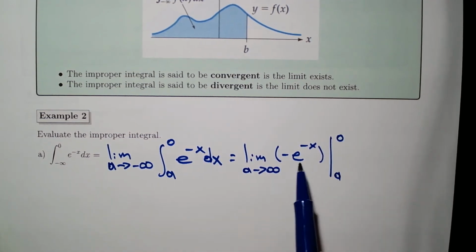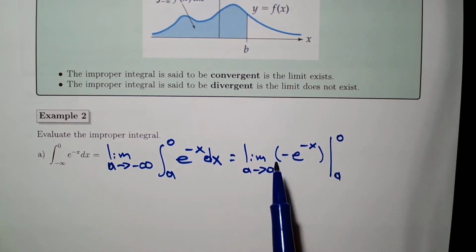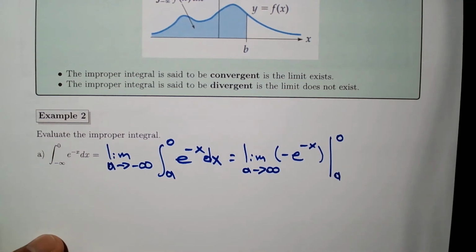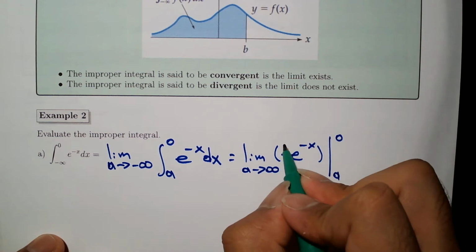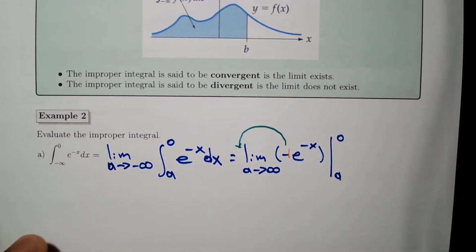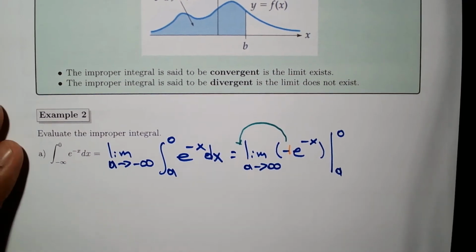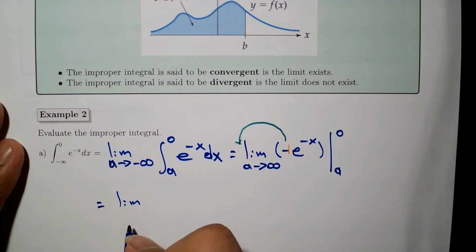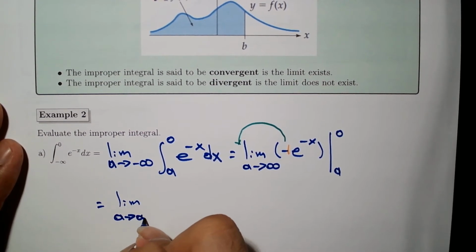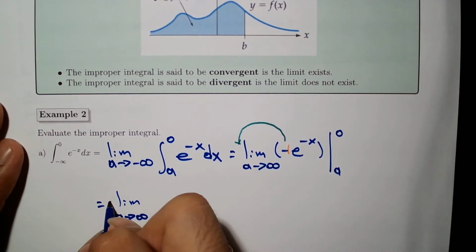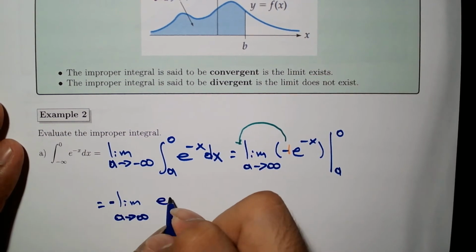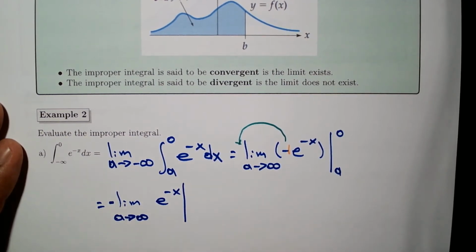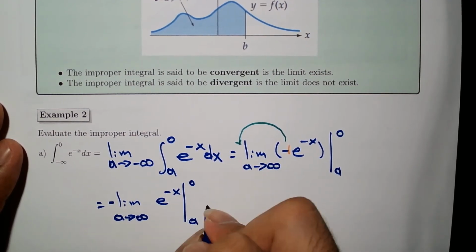Okay, I'm going to clean up all the parentheses and all these negative signs. This negative sign is the same as having a negative one in the front, which I will write in front of the limit, and I'm going to erase those parentheses as well. So this will be negative limit as a approaches infinity of e to the negative x evaluated from a to 0.